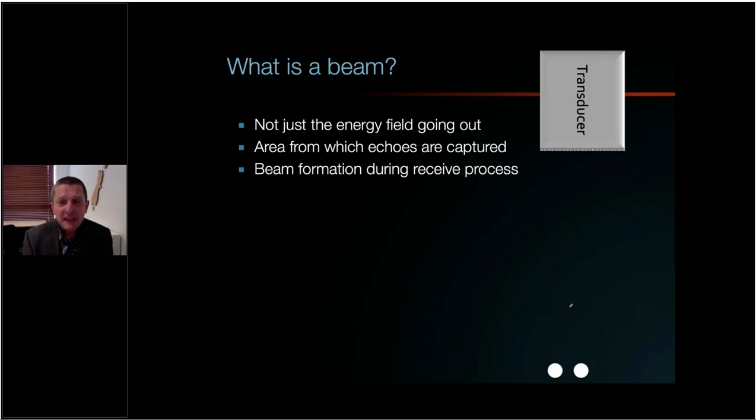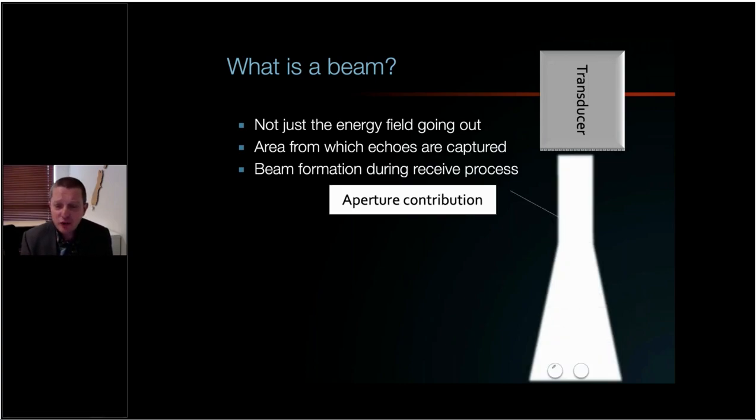So let me just consider two echoes, which are denoted here as little circles. One of the first things that happens when we transmit an ultrasound beam is that the transducer will recognize where the focal length is. This is a user selectable region, and will then select the correct number of elements within the aperture, and so the aperture size itself contributes to beam focusing.